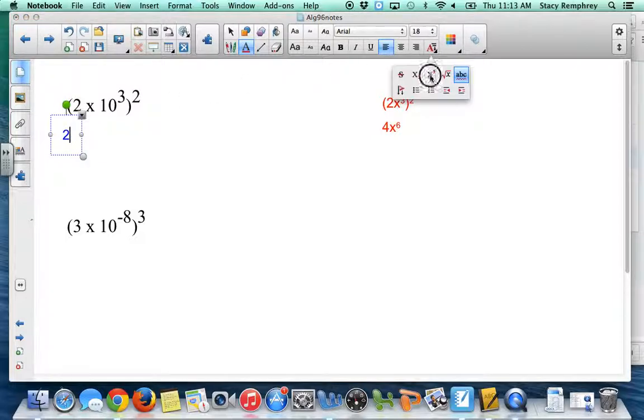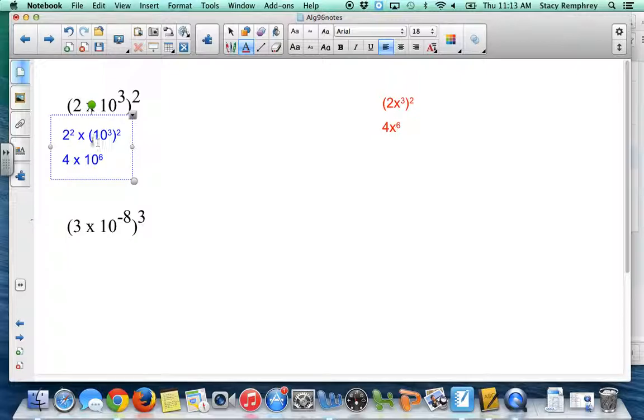I'm going to square the 2, just like I did over here. I'm going to multiply that by, and I'm going to square the 10 cubed also. So that gives me 4 times 10 to the 6th power using my exponent rules of multiplying. Now try this one and then you can come back.